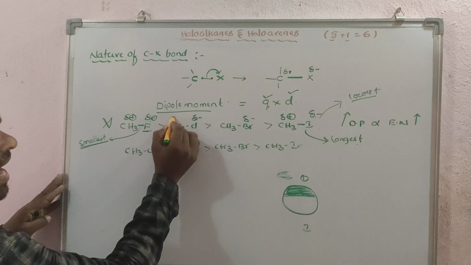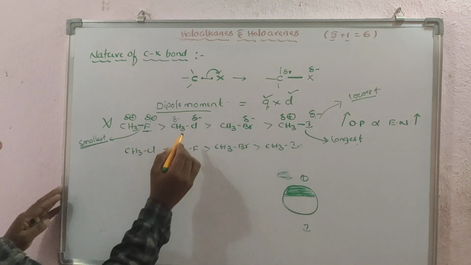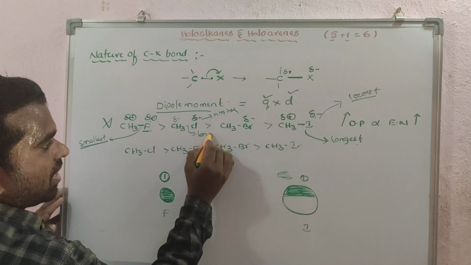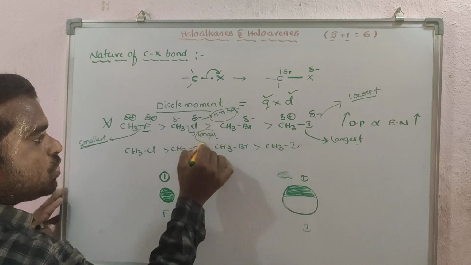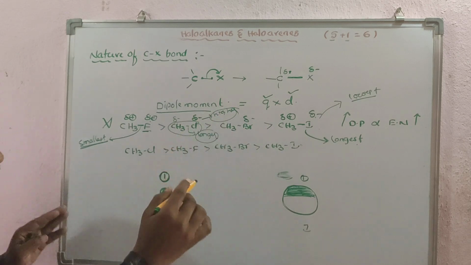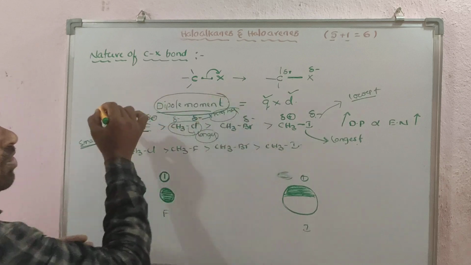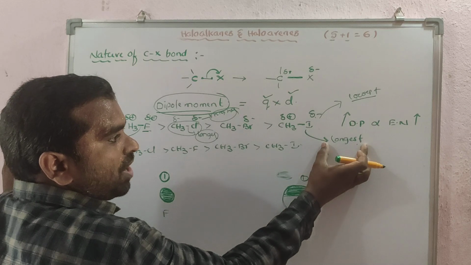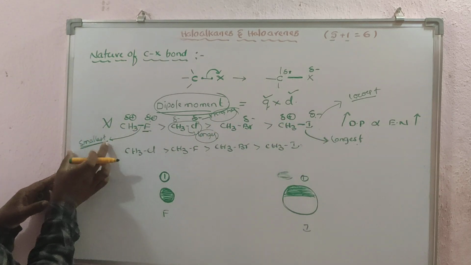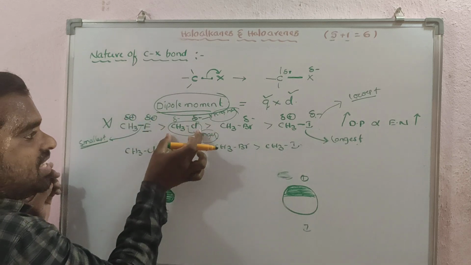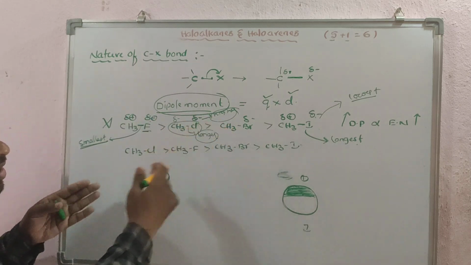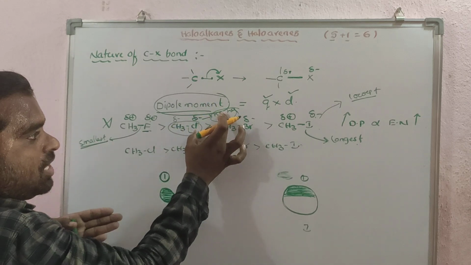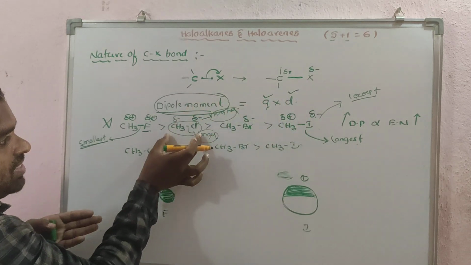For CH3Cl, both charge and length are balanced, so the multiplication comes out highest for this compound.